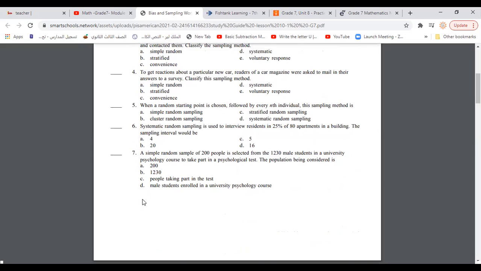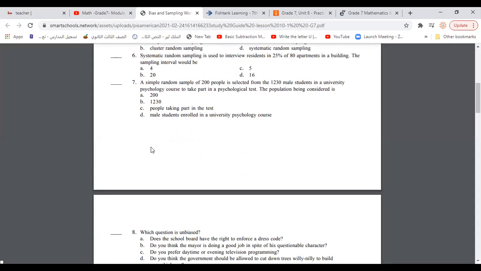Let's move to question 7. A random sample of 200 people is selected from 1,230 male students in a university physiology course to take part in a physiology test. The population being considered is what?